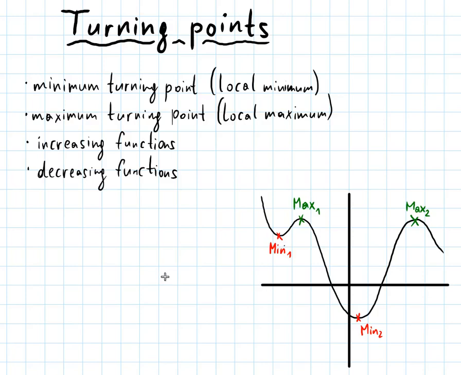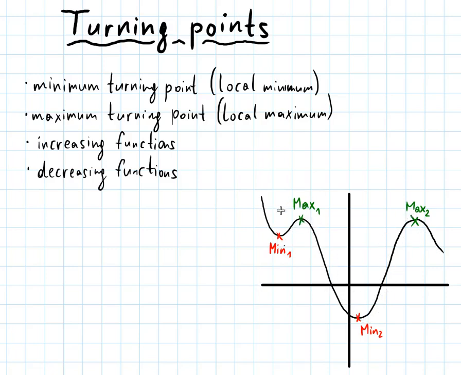Yes, and a function is called increasing if whenever you come from the left and go to the right, you have a slope that goes upwards, and it's called decreasing if it goes downwards. So functions can also mix increasing and decreasing regions.